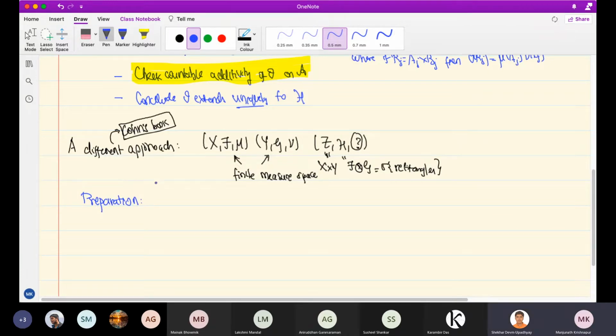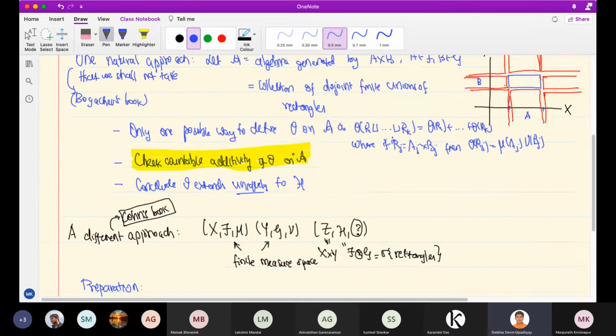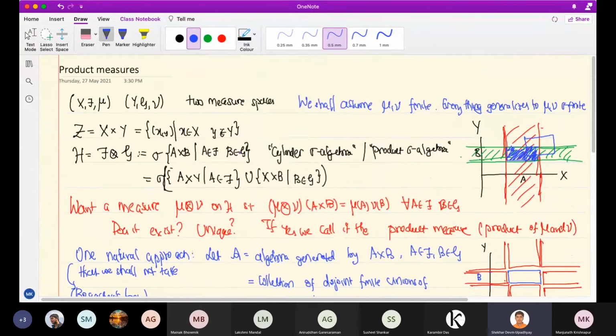Yes, go ahead. I may have missed this initially, but when we say rectangles here, rectangle necessarily requires some form of interval, right? No, not necessarily. Here, these are rectangles in a generalized sense: any set in the sigma algebra F times any set in the sigma algebra G. I call it a rectangle.